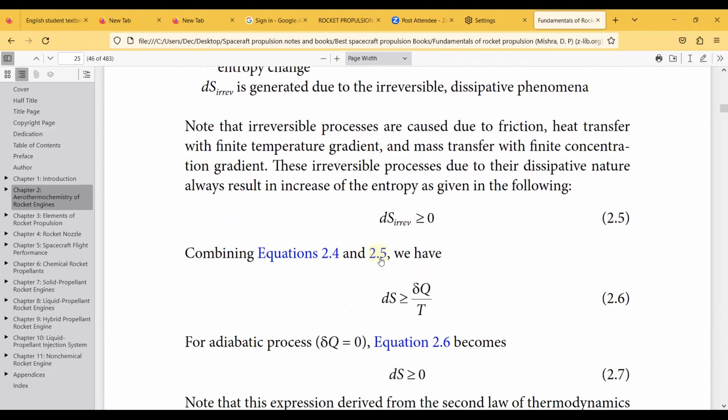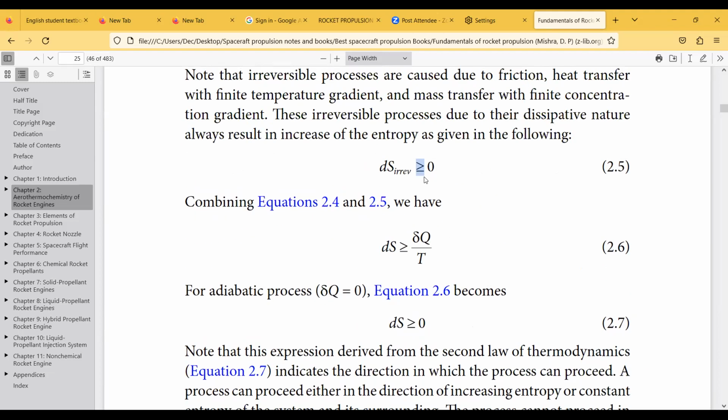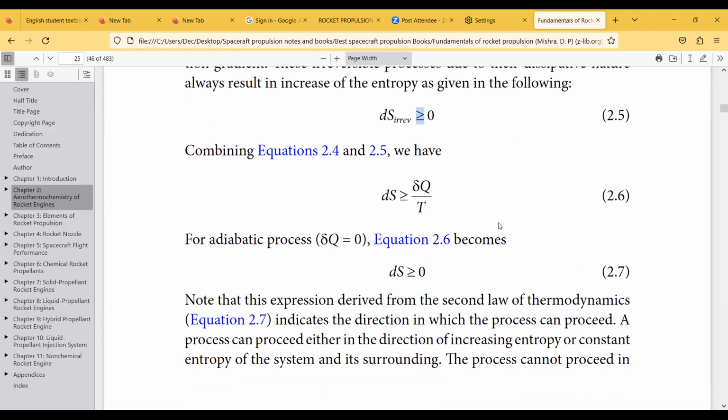It means there is some heat loss, some dissipative conditions, then that irreversible process will undergo. This is always greater than or equal to 0. It cannot be negative. So dS is also greater than or equal to dQ over T for an adiabatic process.